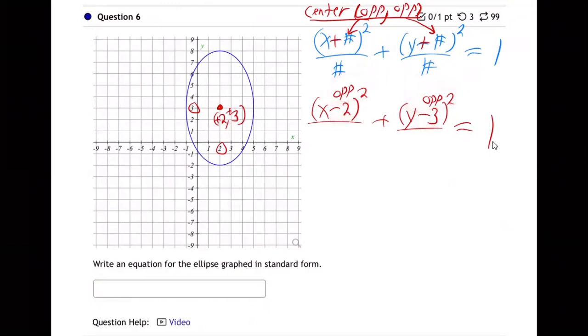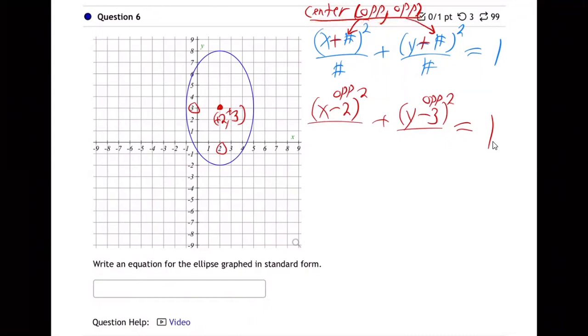So from equation to graph, it always does the opposite. If it's -2 in the parentheses, it's +2 in the graph for x. And for y, if the center is -3 in the parentheses, it's really +3 on the graph. That's what it's saying up here: center is opposite, opposite.